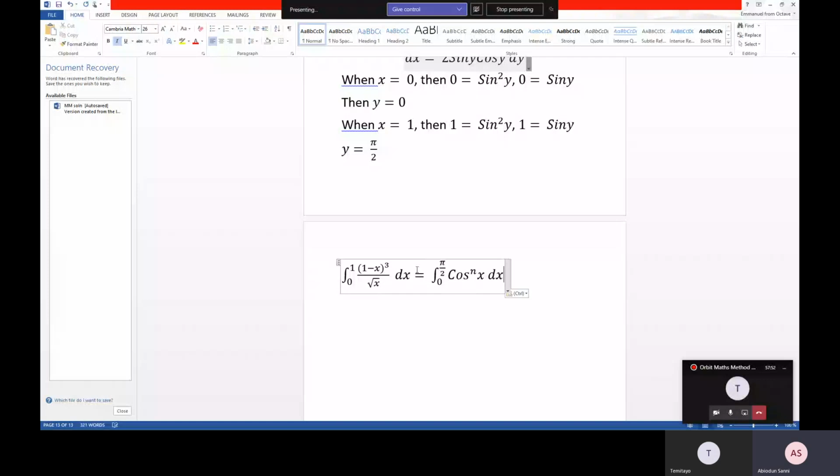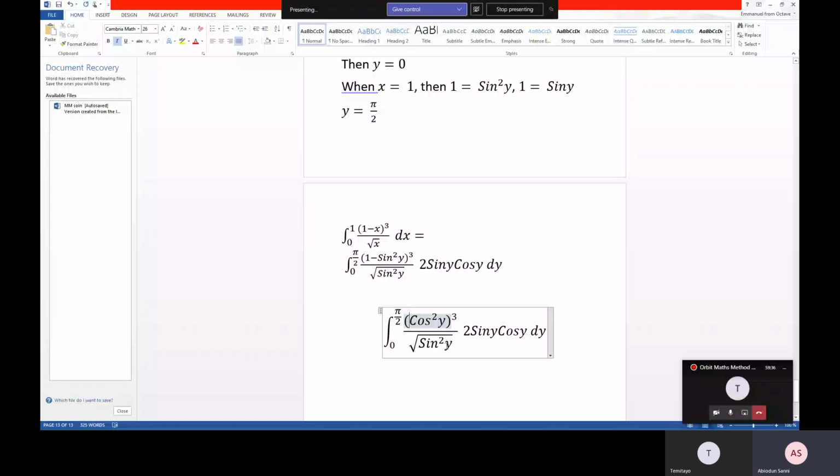Then square root of sin squared y is sin y. Okay, good. So I'll replace it with sin y. Then, don't forget, sin y becomes sin y here.